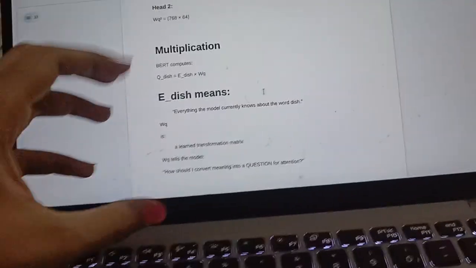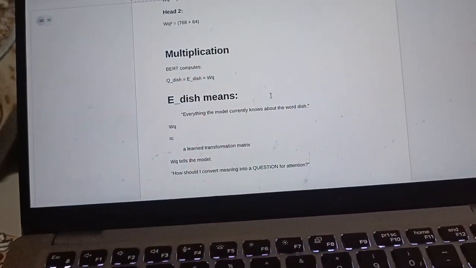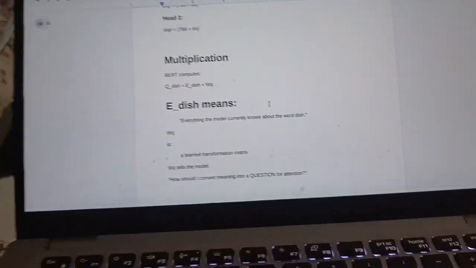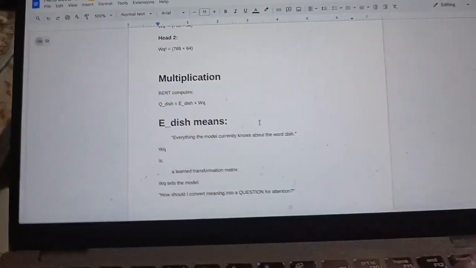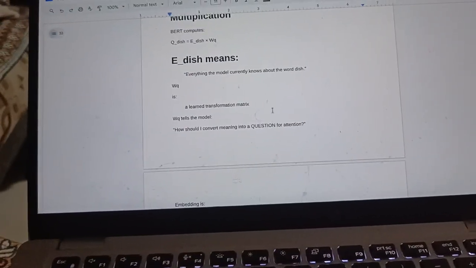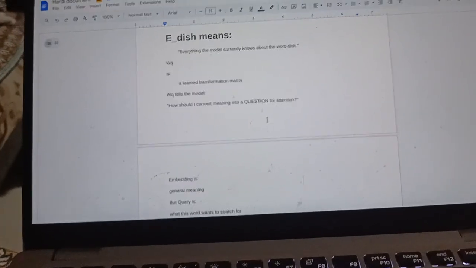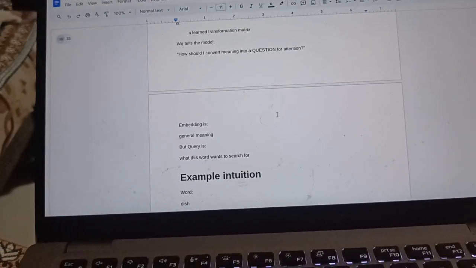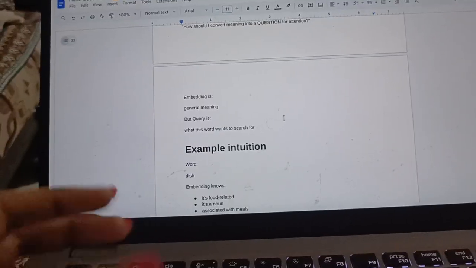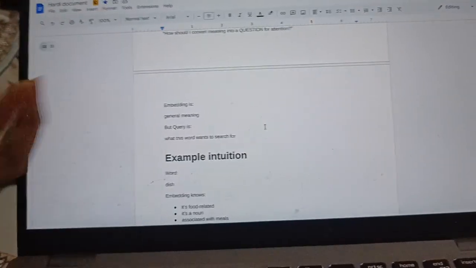Now what is actually this? The embedding of dish means we know about the word dish, but what is WQ? It's a learned transformation matrix. It means how should I convert this into a question for attention? Because the embedding is a general meaning of a word, while the query is what the word wants to search.